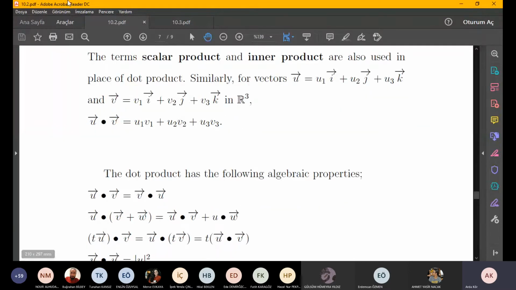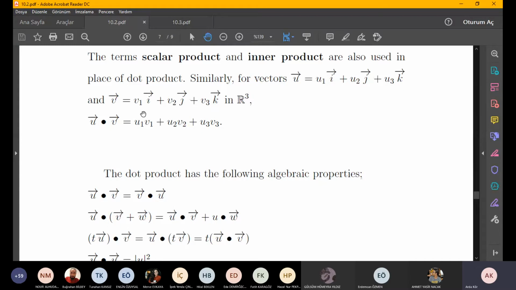And what are the algebraic properties of the dot product, or scalar product? Let's remind ourselves. Since the components of any n-dimensional vector are scalars, u1 times v1 is a scalar, because u1 is a scalar and v1 is a scalar, as the first components of u and v respectively.